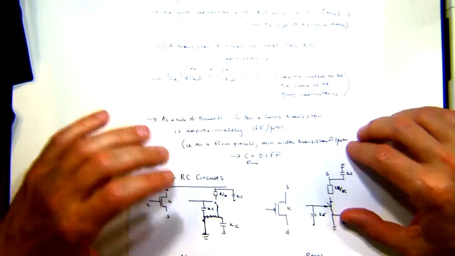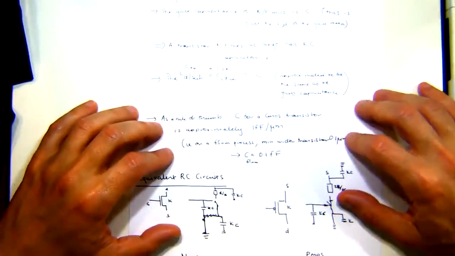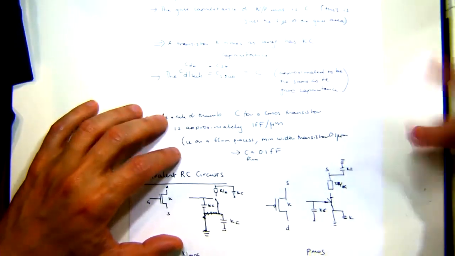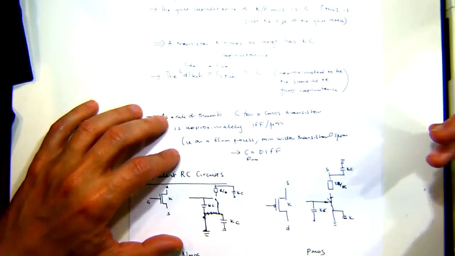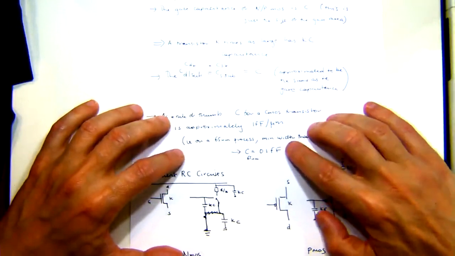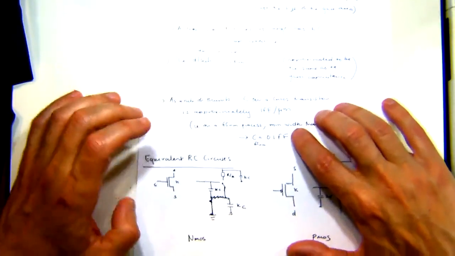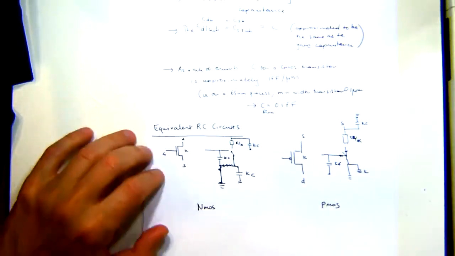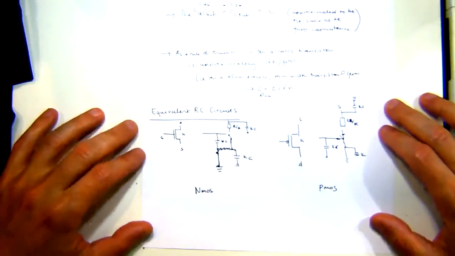That's why I've put this value down here. If you're doing a 65 nanometer process, the mask sets probably cost you $200,000, so you can actually afford it. If we went for a 7 nanometer process, the mask set's $25 million, and you'd be very unlikely to be involved in that kind of work.